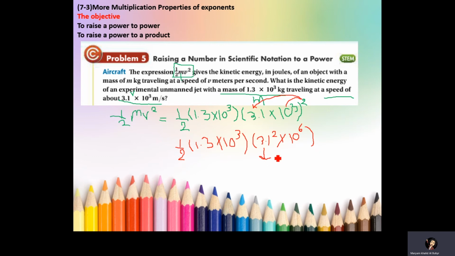So 3.1 to the power 2 equals 9.61. So that is 9.61 times 10 to the power 6. So now we can easily do exactly the same thing that we did in the previous lesson. So to the power 3.